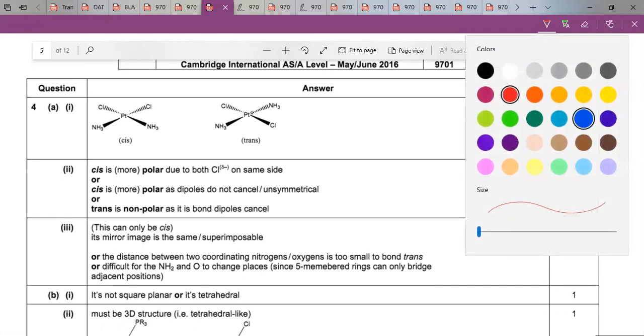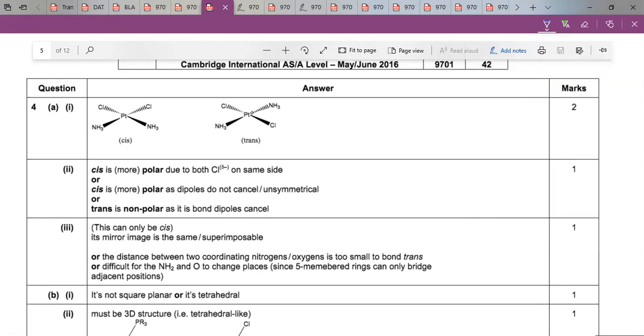Draw this one better, just to show the cis on the same side. Cis, okay, trans. So cis is more polar.